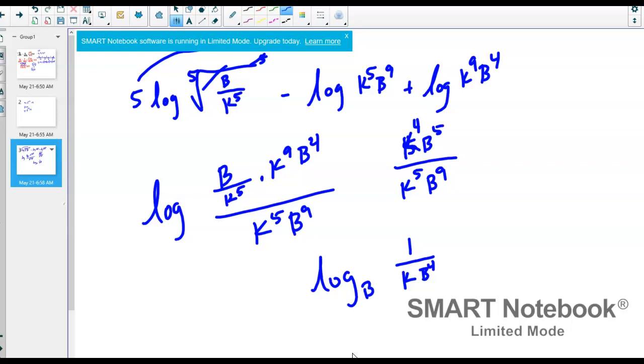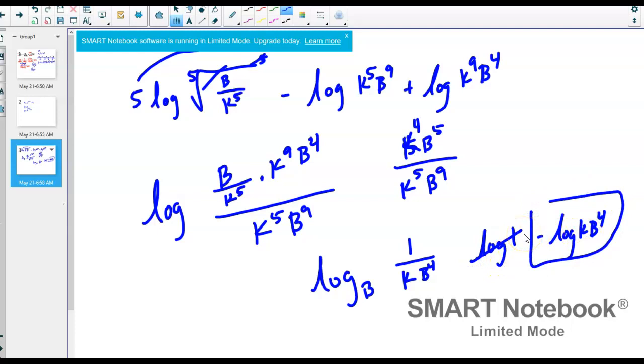So that should be pretty self-explanatory there, where we're getting that. I'm pretty sure it wants you to expand this thing out, so you get log 1 minus log of K B to the 4th, which this is just 0, so it'll just be this part that you want here.